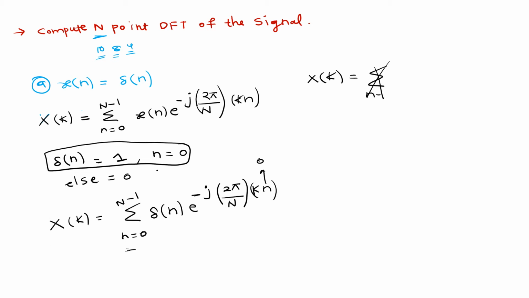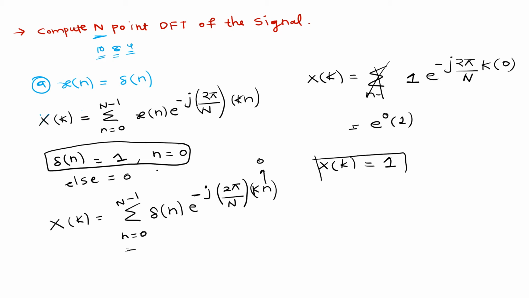So n equal to 0 దగ్గర delta of n ఎంత 1 కదా. సో 1 e power minus j 2 pi by N k into n వాల్యూ ఎంత అప్పుడు 0, right? సో that equal to e power minus 0 అన్నా e power 0 అన్నా కూడా that will become 1. So e power 0 into 1. So X of k equal to 1. So this is the DFT for the unit impulse signal.